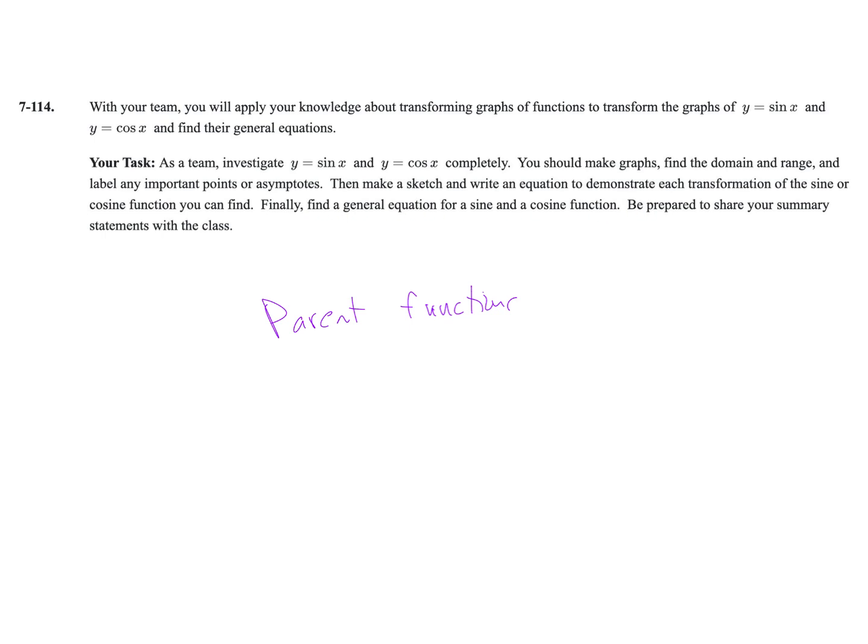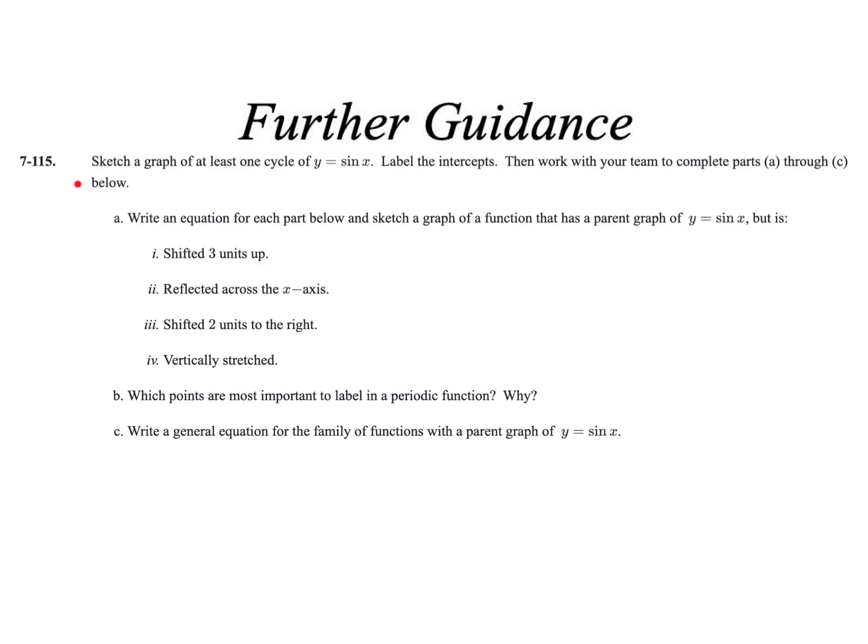So let's look at this through the further guidance, which is the next question. In the further guidance in 7-15, it asks you to sketch a graph of at least one cycle of y equals sine of x, label the intercepts, and then make all these changes. I think that Desmos does an awesome job of being able to make those changes quickly.